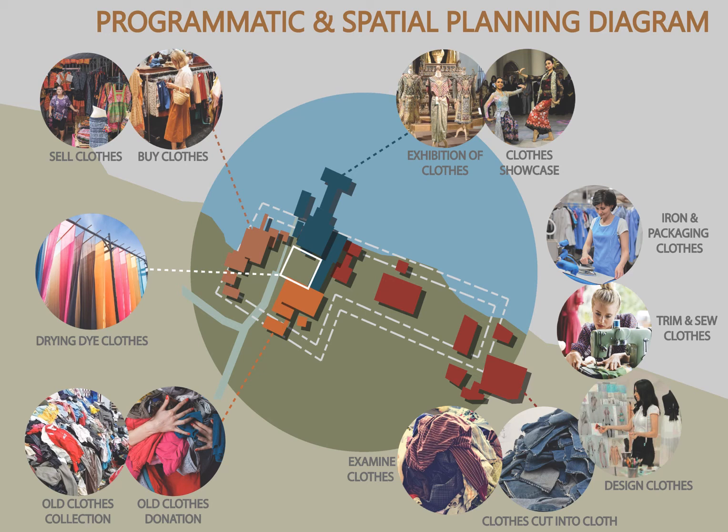The left side of the proposed site will be more about the selling and buying of clothes in this craft center, and the Bang Kachao Pier is more like an exhibition or clothes showcase area.